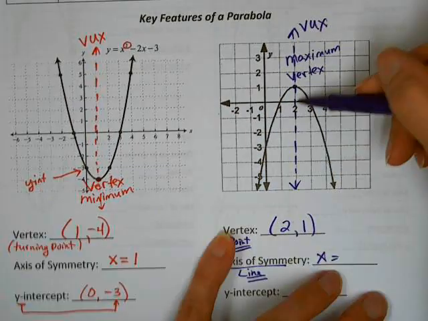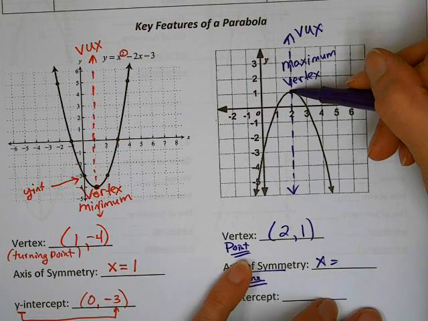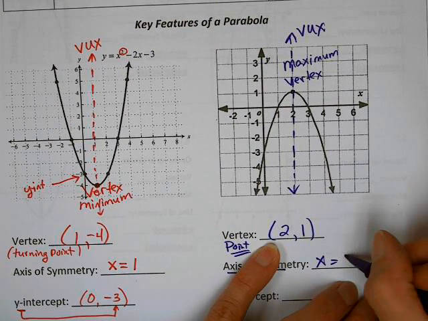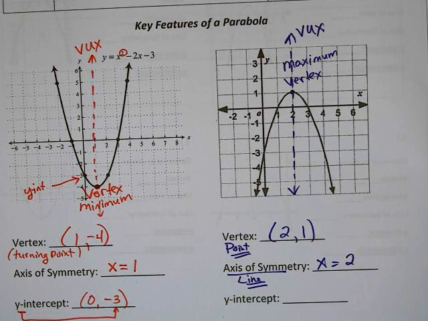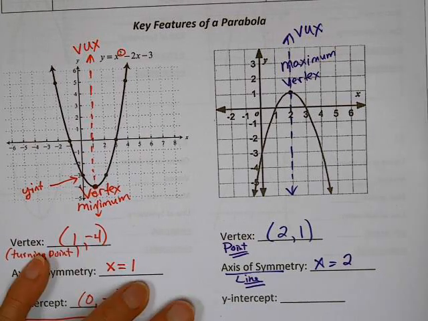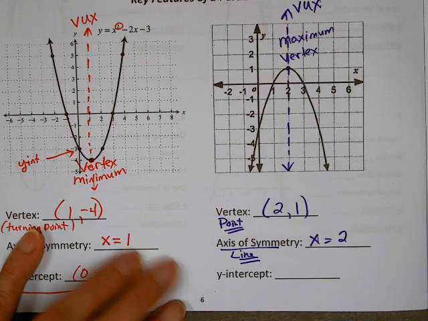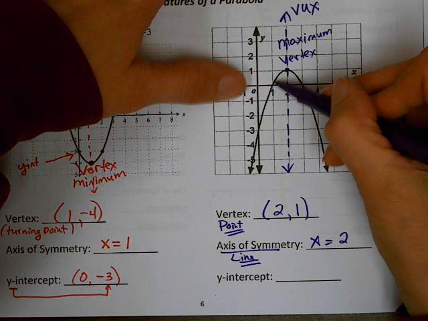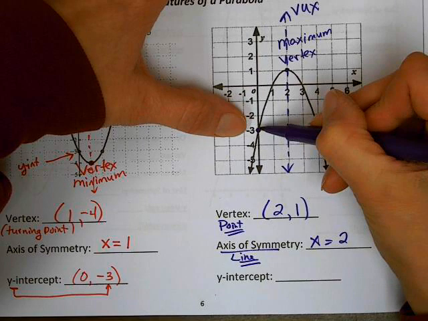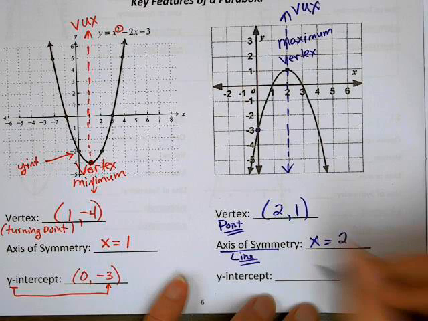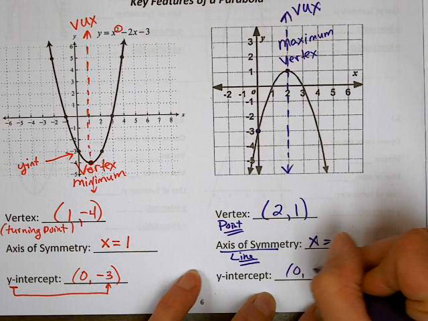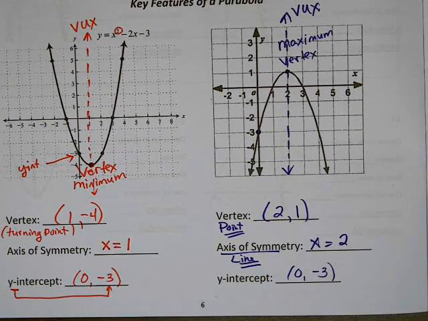You could look at the point. Some people look right there at that x equals 2. Does this parabola cross the y-axis? It does cross the y-axis right here. The y-intercept is at 0, -3 again.